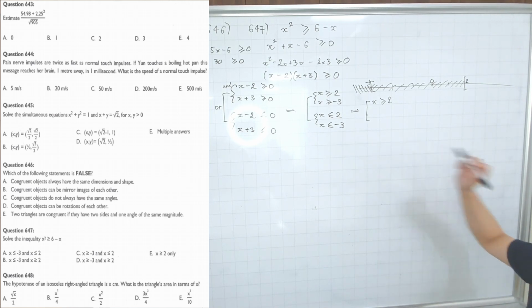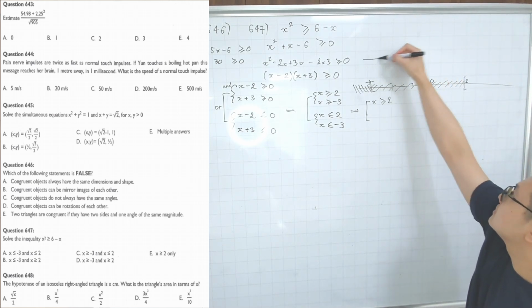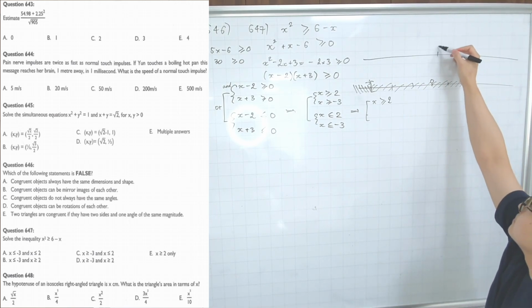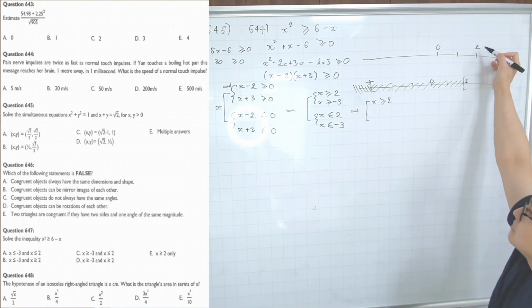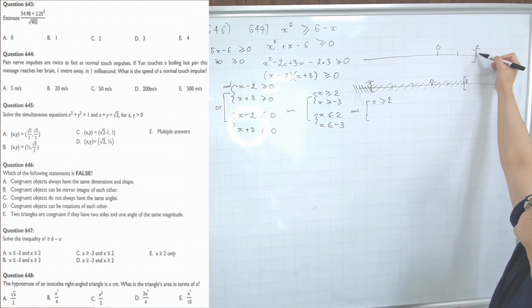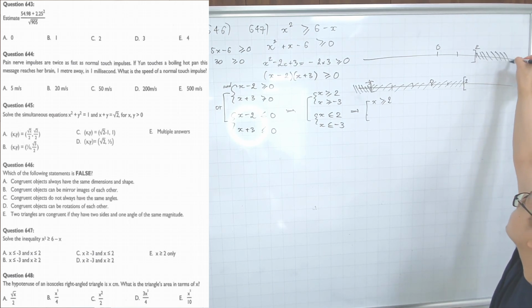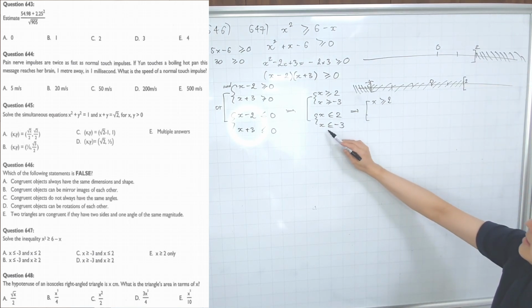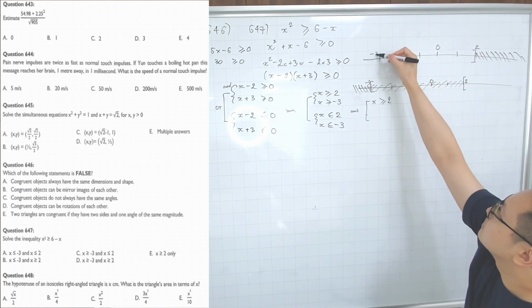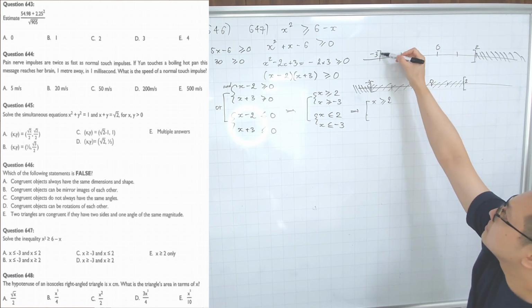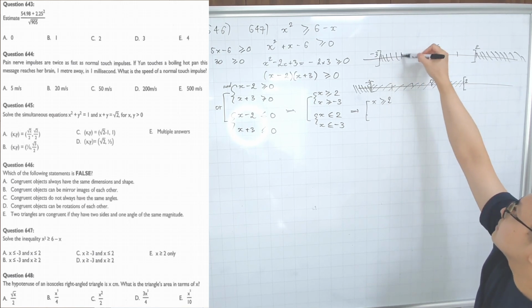How about the other one? Just draw it out and you can see. x smaller or equal to 2, so it means that all the things here are eliminated. And then x is smaller or equal to minus 3, so all of these things are eliminated as well.